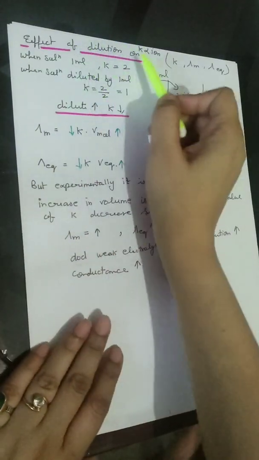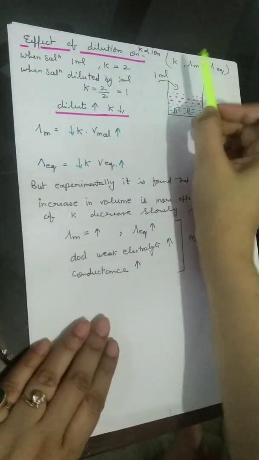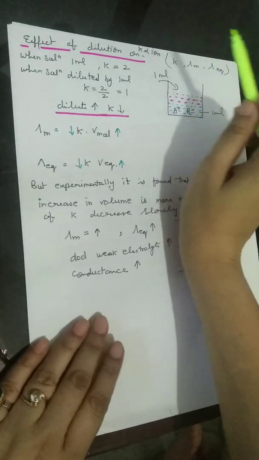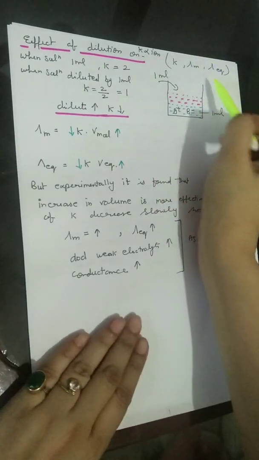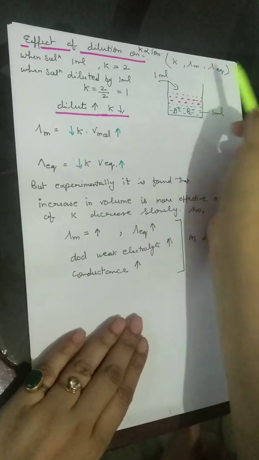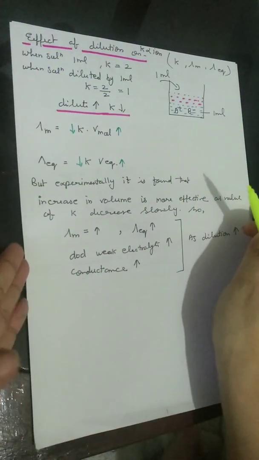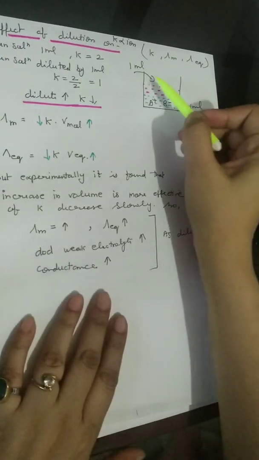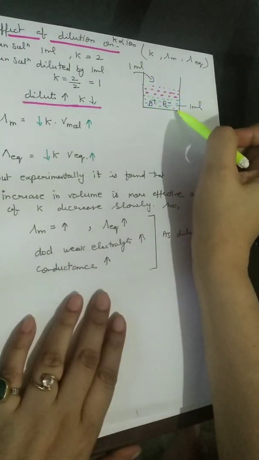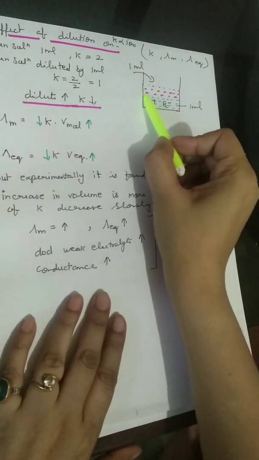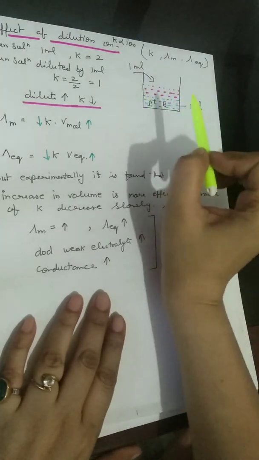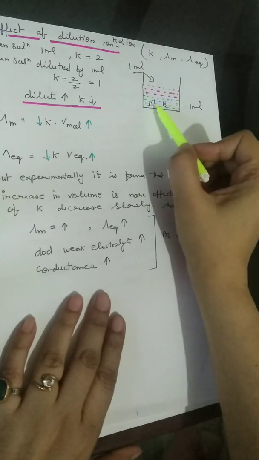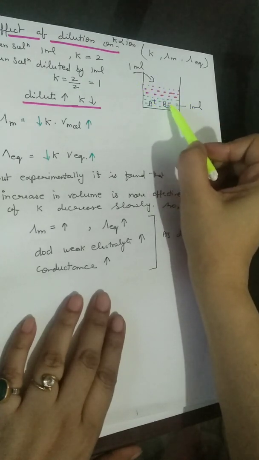Now the effect of dilution on kappa, molar conductance and equivalent conductance. We will see the effect of dilution on these three quantities. First we will understand the effect of dilution on kappa. We have a beaker in which earlier we had 1 ml of solution, containing an electrolyte dissociated as A plus and B minus.